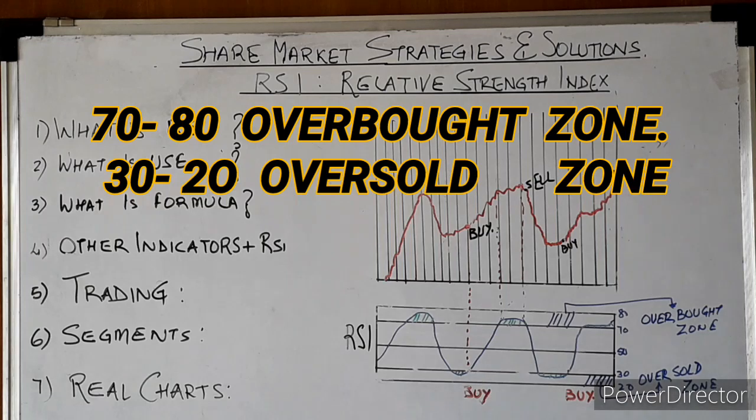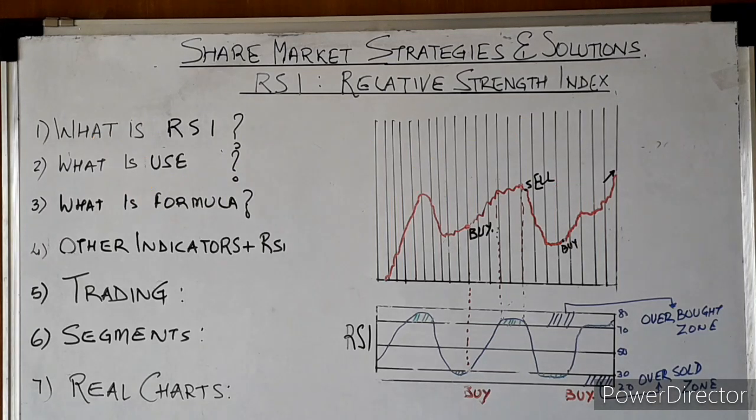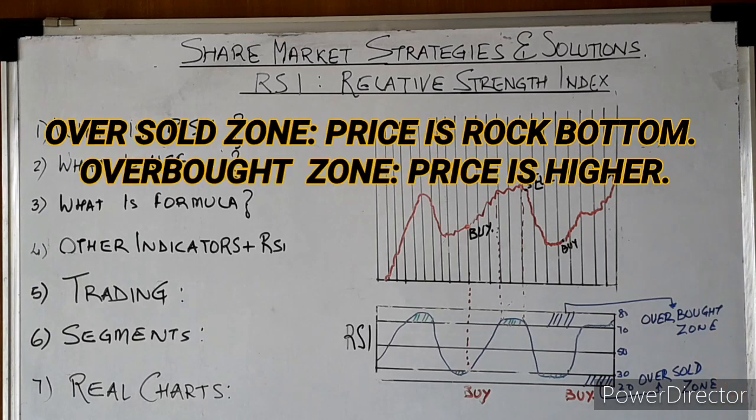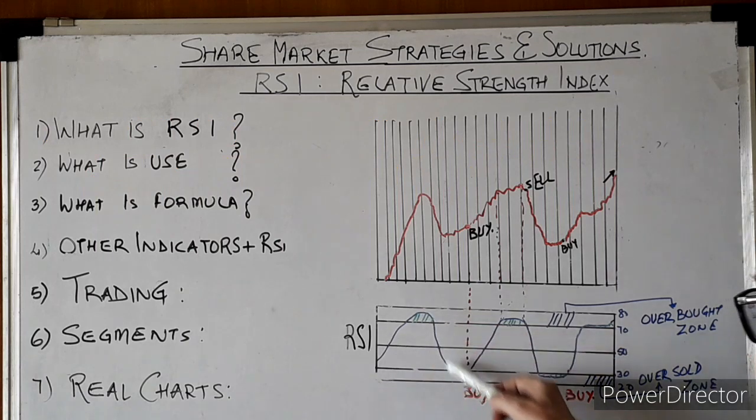At oversold zones, the price of the share is at rock bottom, and in the overbought zone, the price of the share is higher. So RSI moves or oscillates between overbought and oversold zones.